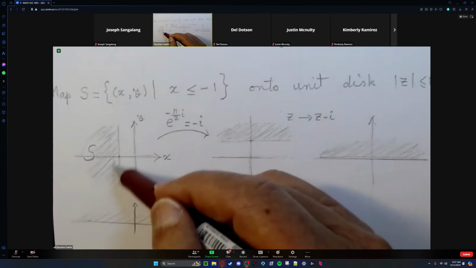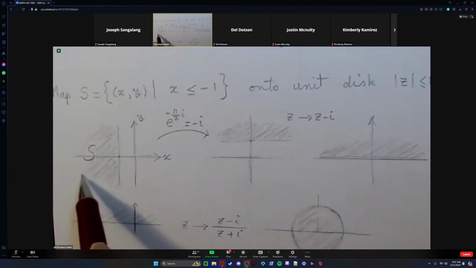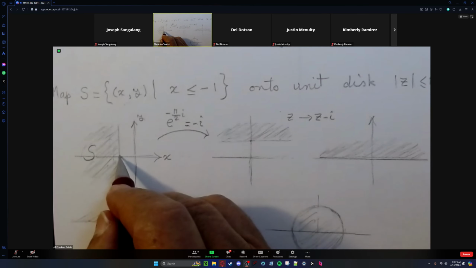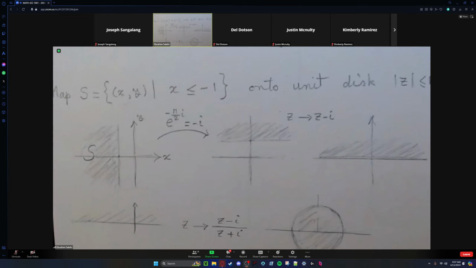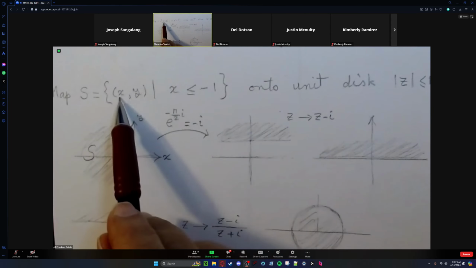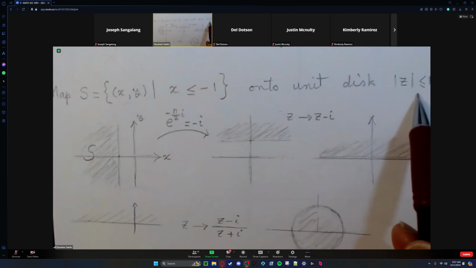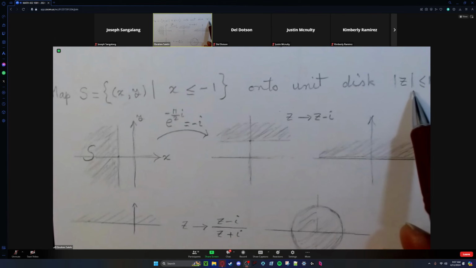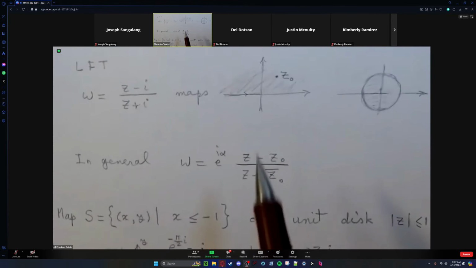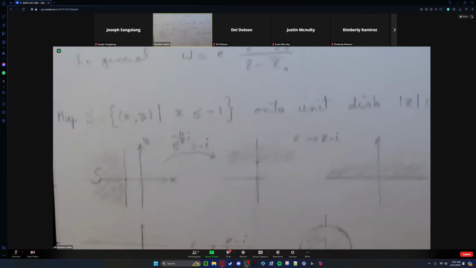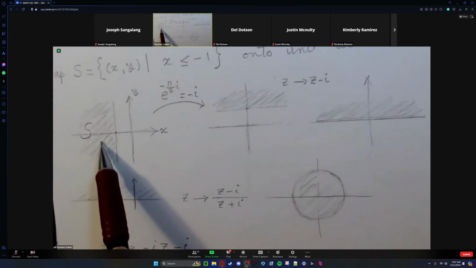This is S. Okay, here is -1. I want to map this onto the unit disk. Well, we know this one goes to the unit disk, but how do we take care of this?